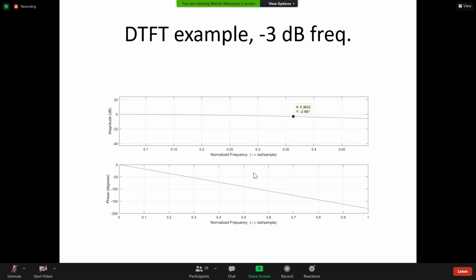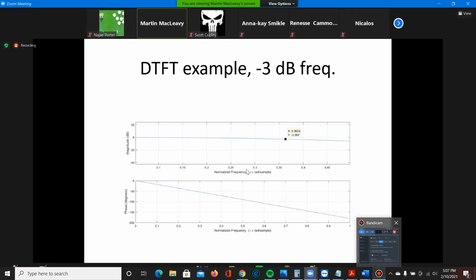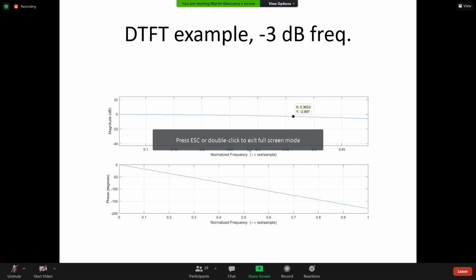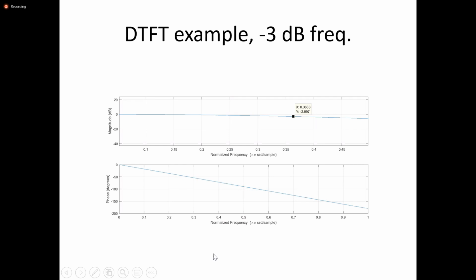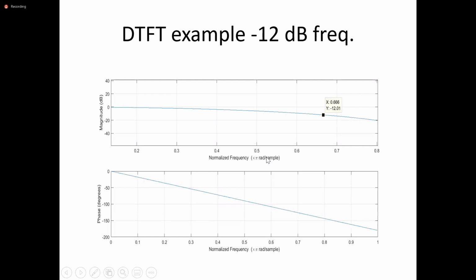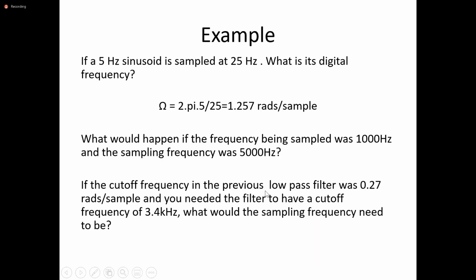I just said 0.27, but in fact this is times pi, and I did not put the pi down. So let us go back and say it is 0.27 pi radians per sample.